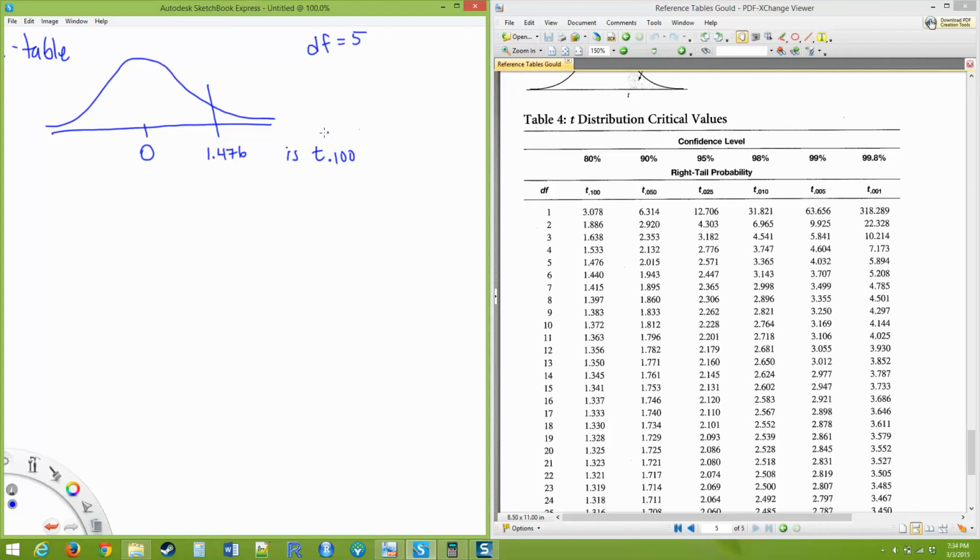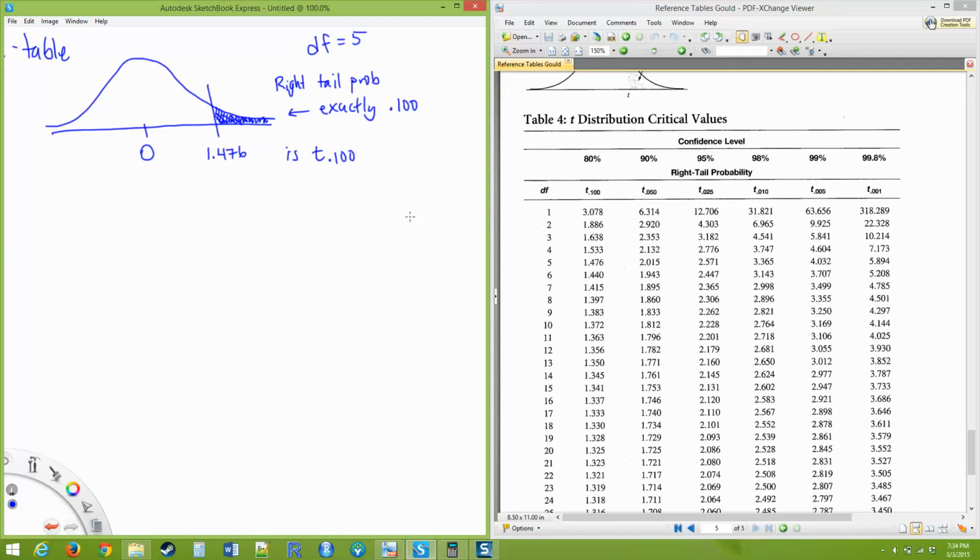What this means is that if you have a t distribution with 5 degrees of freedom, and you draw a cutoff line at 1.476, you'll notice right over here it says the right tail probability. This shaded area is exactly 0.100, or 10%.